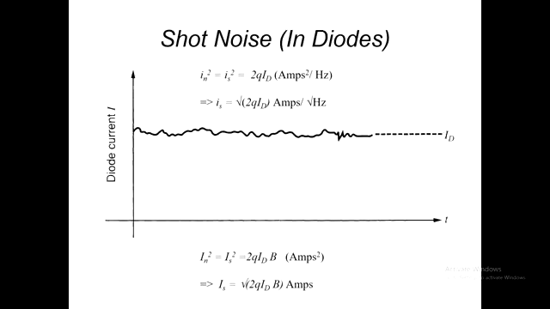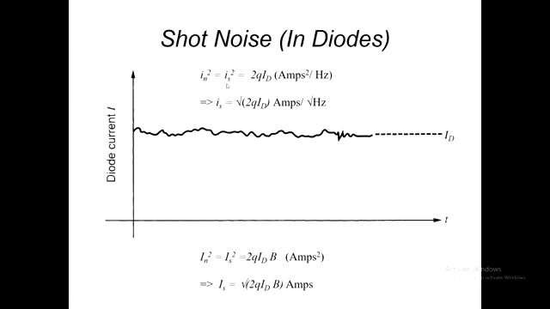Now, we talked about excess current in resistors. That gives a 1 on F type noise profile. This is a more white noise profile. And once again, you get spot noise values, but the spot noise value is going to be a fairly constant predictor over the frequency range, so all you need to do is multiply that spot noise value by the bandwidth to get the noise power, if you like.